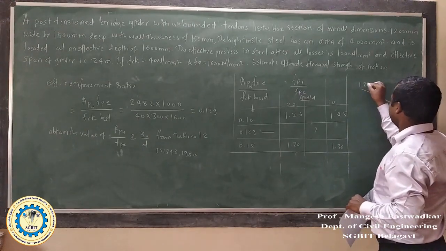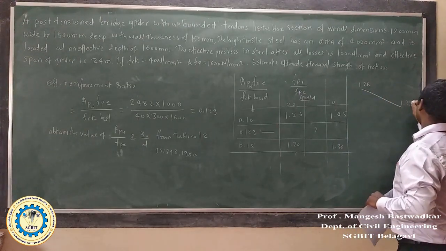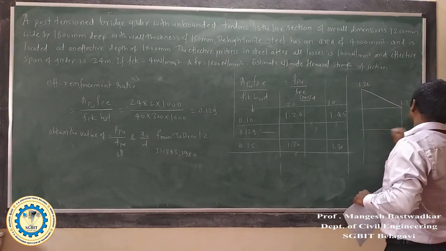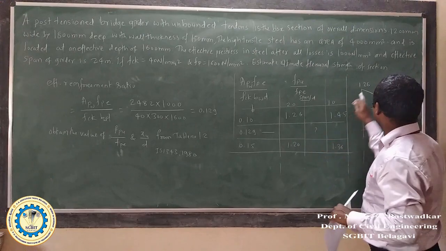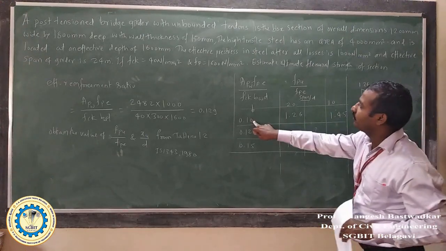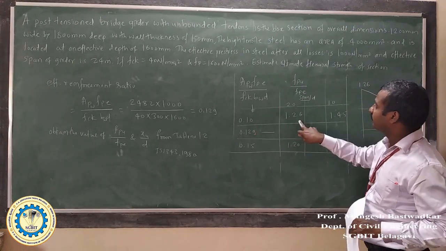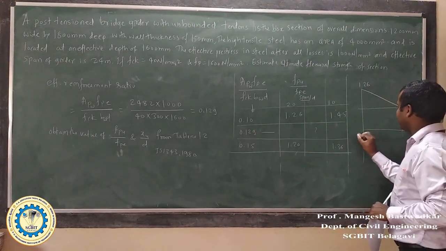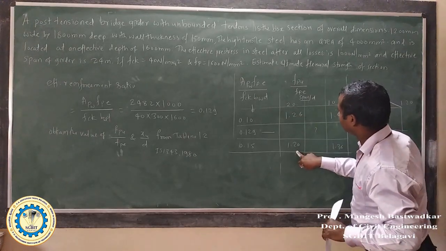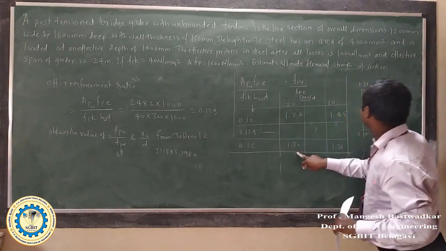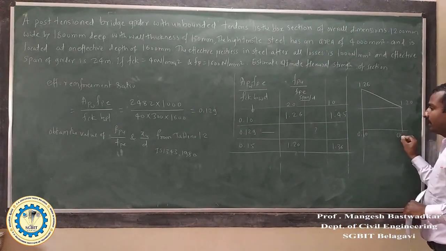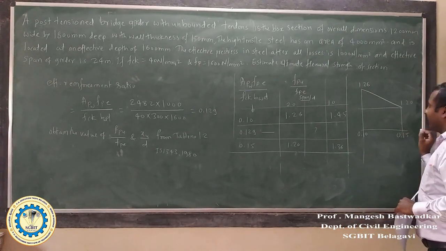This is 1.26 and this is 1.20, and for the corresponding value, write it below. For 0.10 effective reinforcement ratio, this value is 1.26, so here I will write 0.10. For effective reinforcement ratio 0.15, the corresponding value is 1.20, so here it is 0.15.